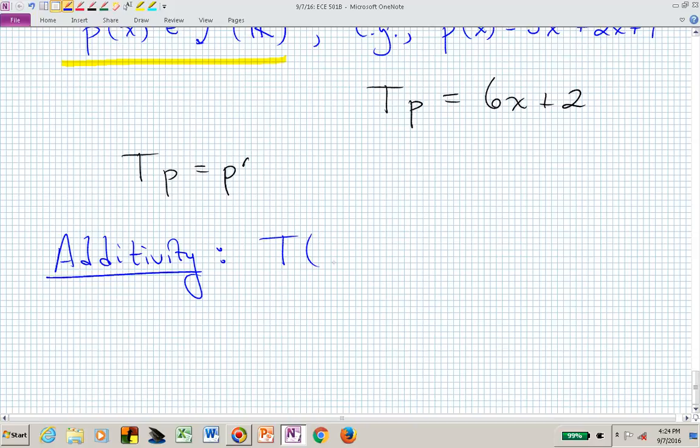If I apply the differentiation operator, or linear map, to the sum of p and q, that's T of p plus q, that's just saying I'm differentiating p plus q. What happens if I now differentiate the sum p plus q?